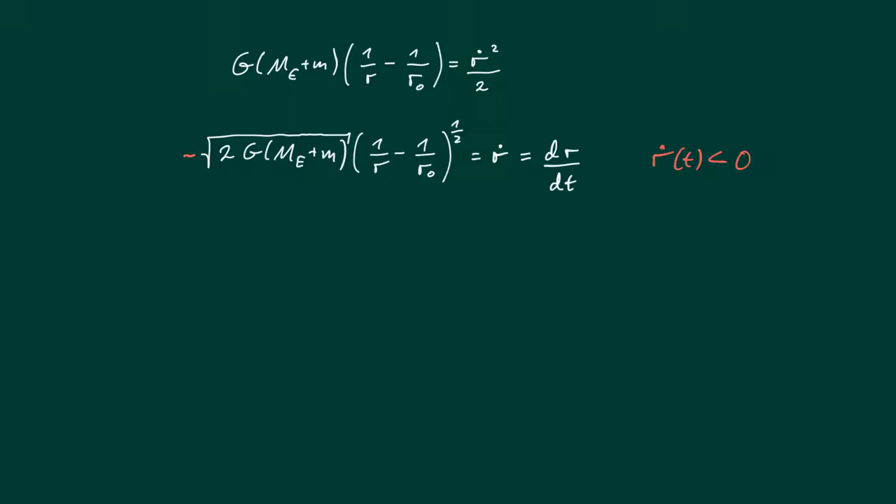Thus we need here a minus. So let's sort now the variables, separate them, and let us give this prefactor here a name. Let's say it's gamma.